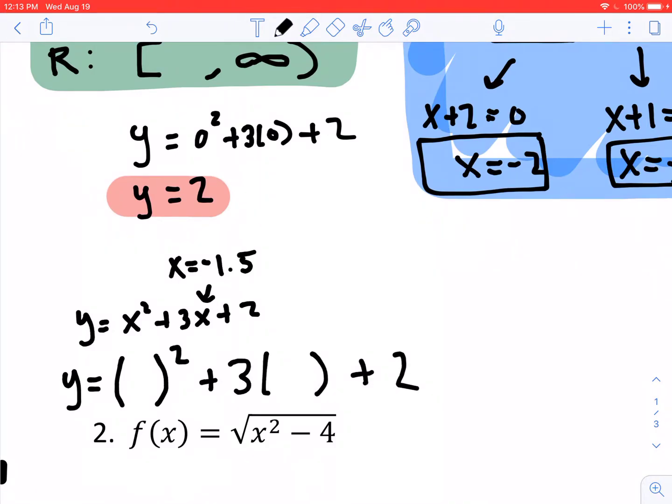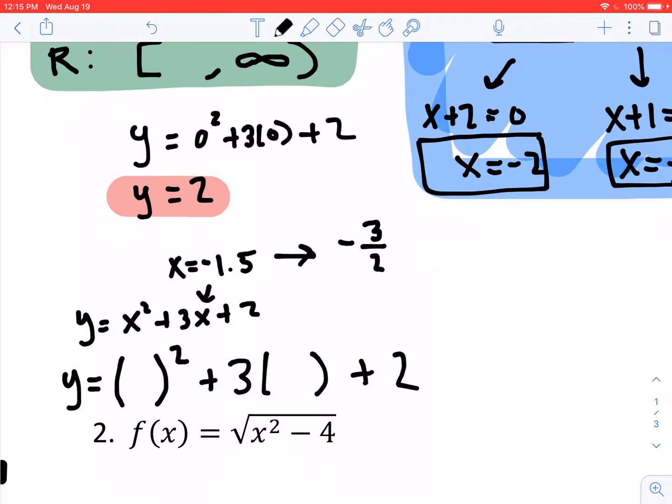I'm going to use a little bit of a trick. Almost always when you're evaluating stuff like this, working with decimals, at least for me, is a little tricky. So I'm going to use this same number but as a fraction. Realize 3 over 2, 3 divided by 2 is 1.5.